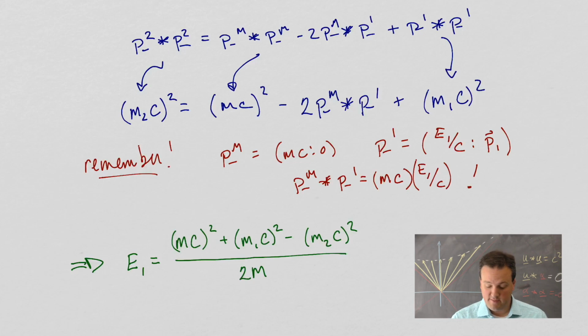Because when I put all of this back together, the only unknown left in this expression is E1, right? So if I know that I have some parent nucleus that breaks into these 2 other nuclei, I can actually find out what the energy of those 2 nuclei are just by knowing the masses of each one of the particles that are involved in that collision.